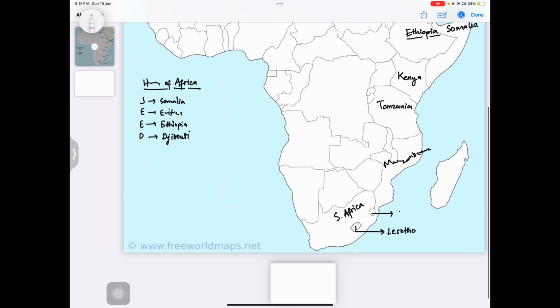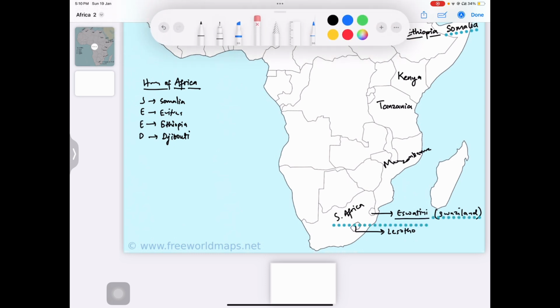This one is Eswatini. Earlier it was named Swaziland. Okay, I'll write here for you. But I think after the year 2018, it was known as Eswatini. I'm really not sure about the year. I'm just guessing.